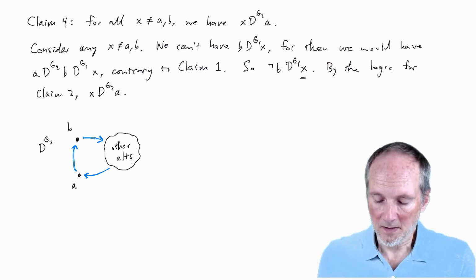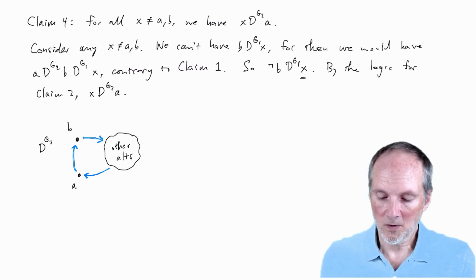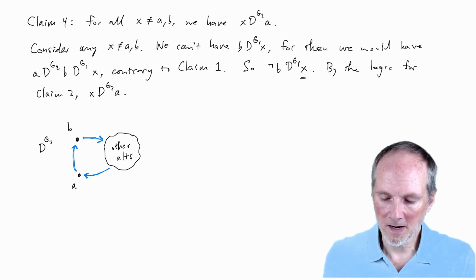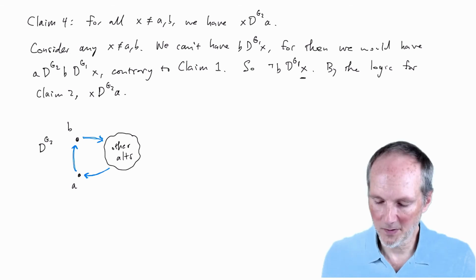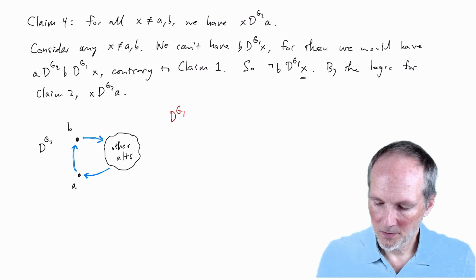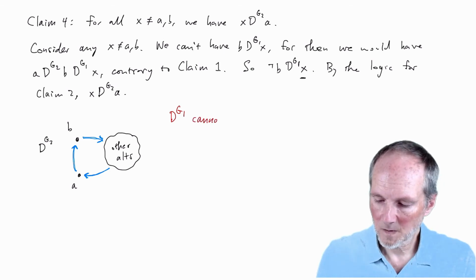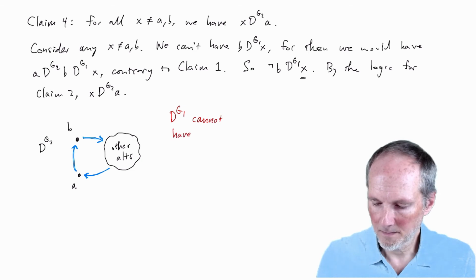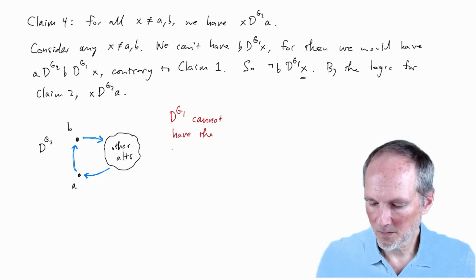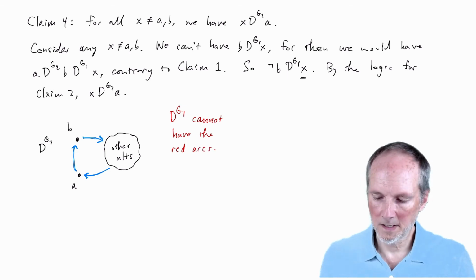Now let's think about what the decisiveness relation for G1 looks like. In particular, I want to see where it can't have arcs. So let me put that here. The decisiveness relation for G1 cannot have the red arcs.